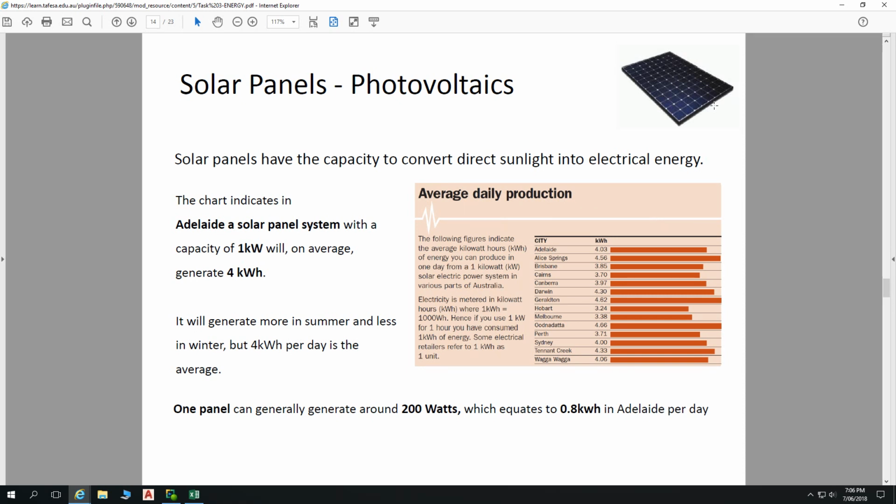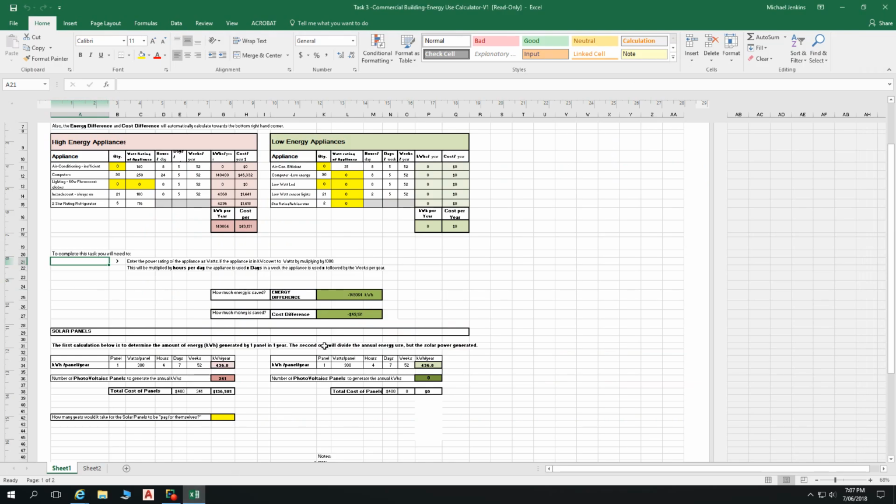So it depends on where that system is going to be installed as to the output from that system. One panel can generally generate around 200 watts, which equates to 0.8 kilowatt hours in Adelaide per day. And that has been factored into the spreadsheet.